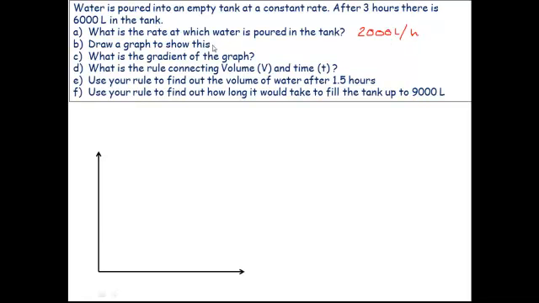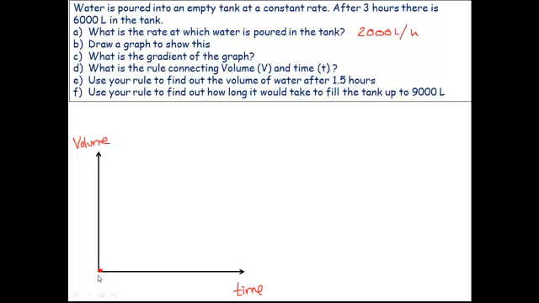Now, can we draw a graph to show this? So along the x-axis we're going to have time, and then what we're measuring is the volume of water in the tank. So we know that because it's in direct proportion, it's filling up at a constant rate. At 0 hours, we're not going to have any volume in the tank because we won't have started pouring it yet.